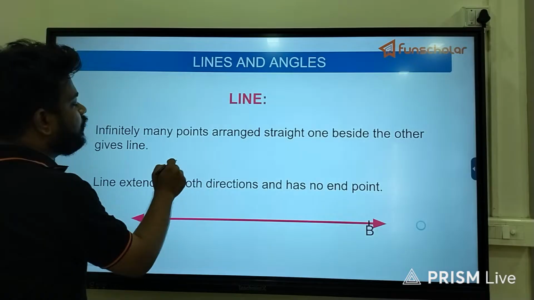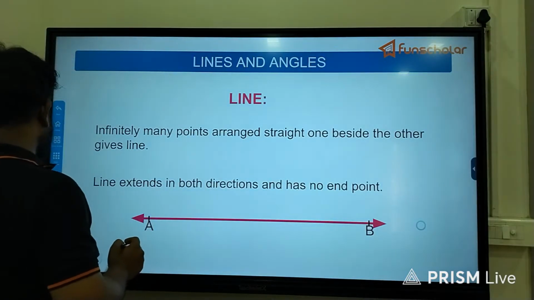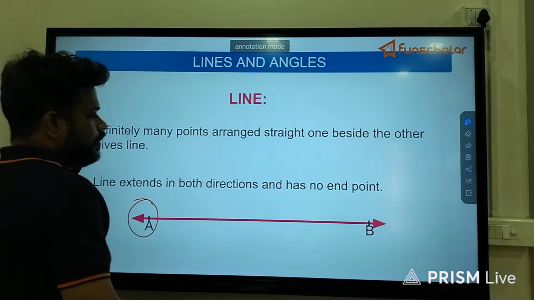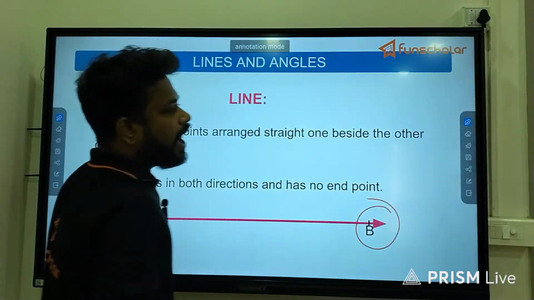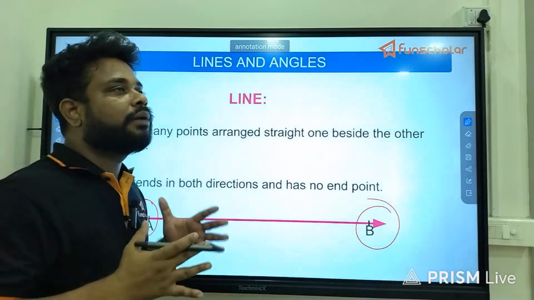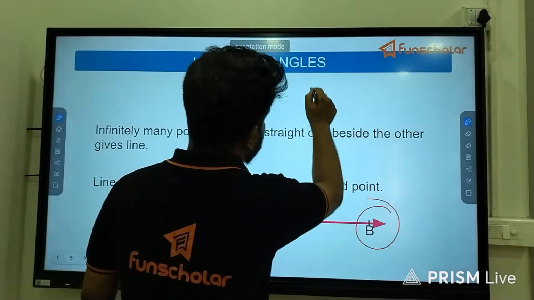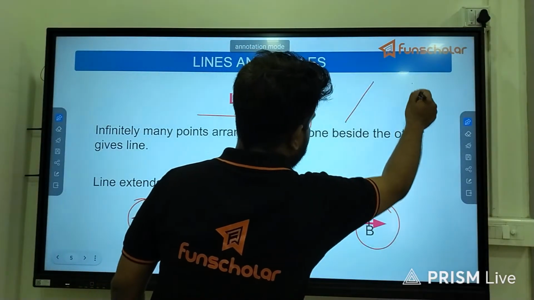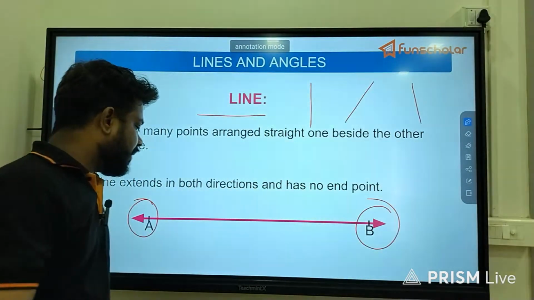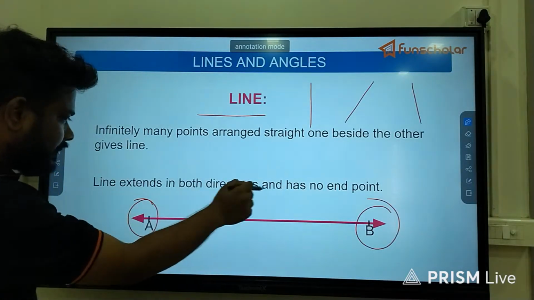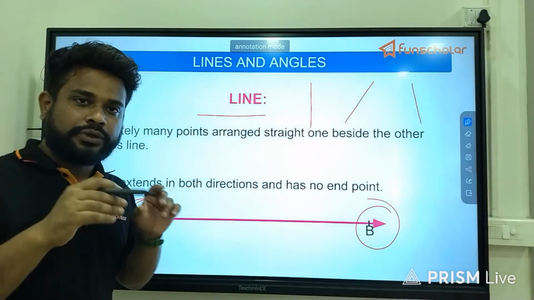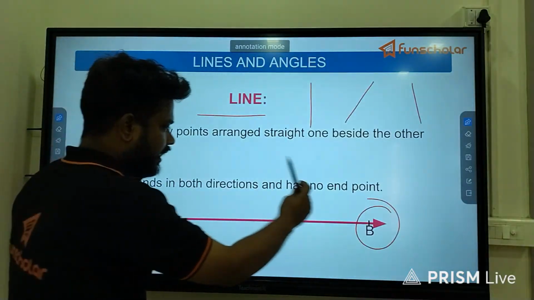Maybe you are wondering why it has two arrows on it. When we talk about lines, we generally draw lines like these, but here they are indicated with two arrows on each side.